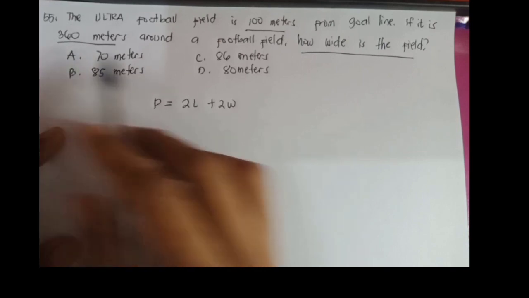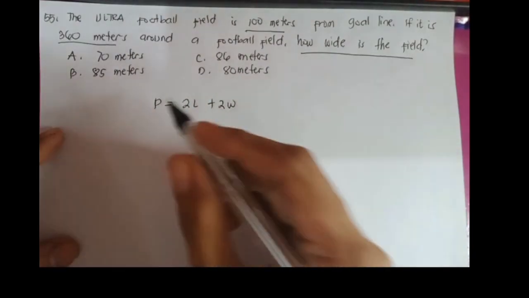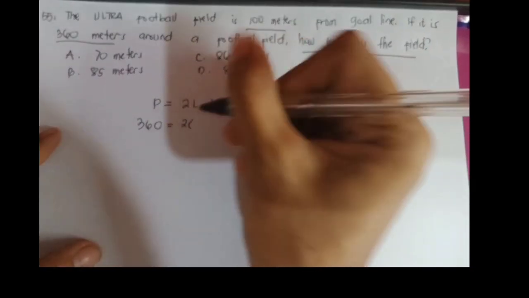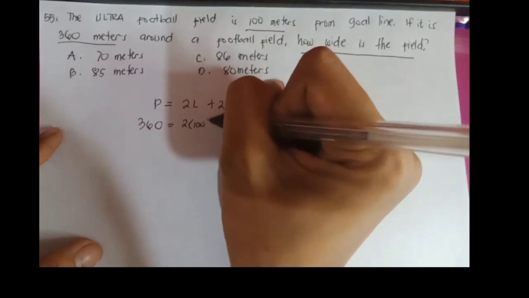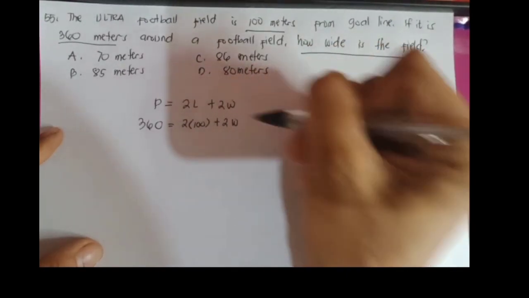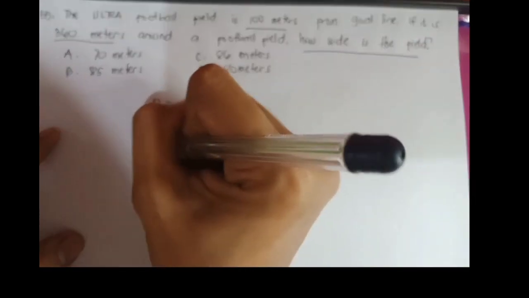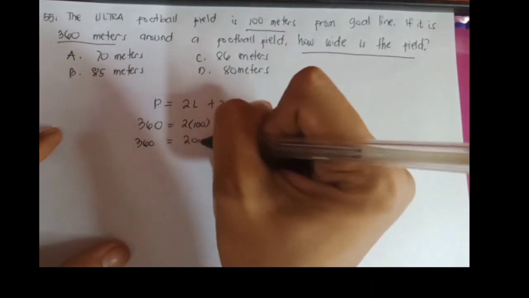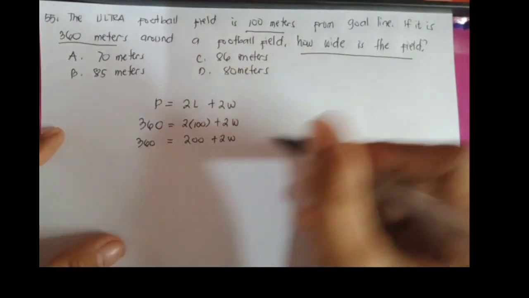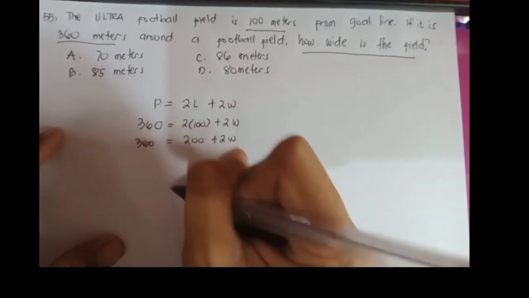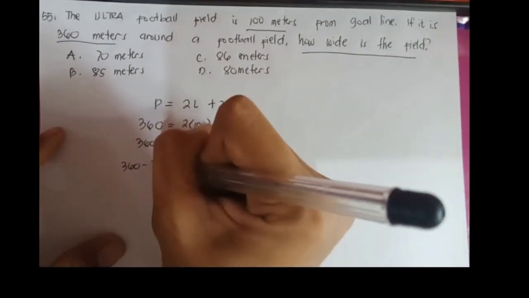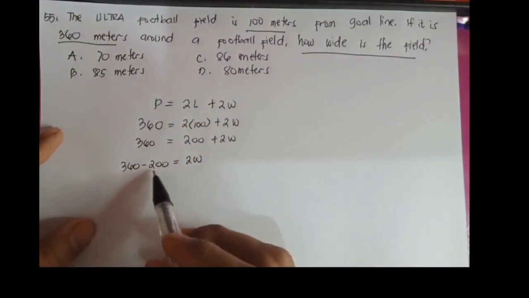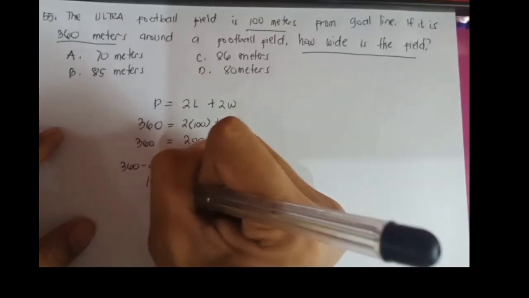Now we will just substitute our values: 360 equals 2 times the length, which is 100, plus 2 width. Then simplify. 360 equals 2 times 100, which is 200, plus 2 width. Then transpose 200, it will become 360 minus 200 equals 2 width. 360 minus 200 is 160.